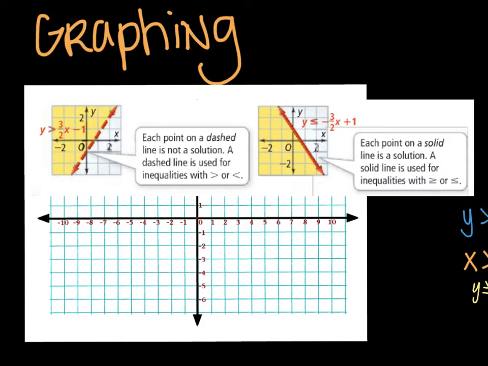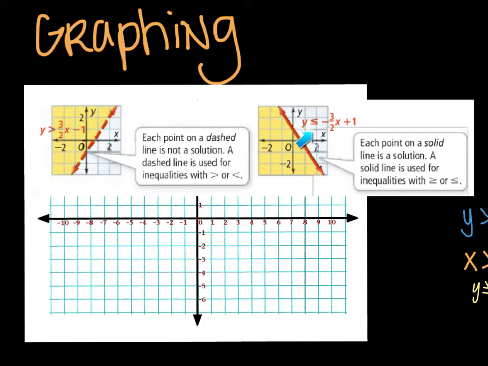In the left one, you notice the greater than sign. Because it's just greater than, you have a dashed line. And then where is the solution true? That would be the shaded in part. So if you were to actually solve, you would shade in the part that is a solution to the equation.